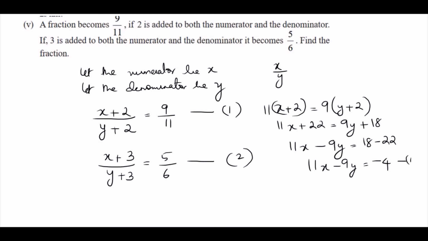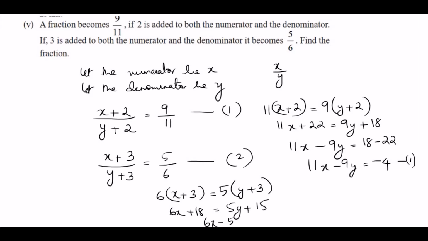So this is the first equation. Now in the second equation you get it as x plus 3 into 6 when you cross multiply and 5 into y plus 3. So 6x plus 18 is equal to 5y plus 15. So 6x minus 5y is equal to 15 minus 18. That is 6x minus 5y is equal to minus 3. So this is the second equation.